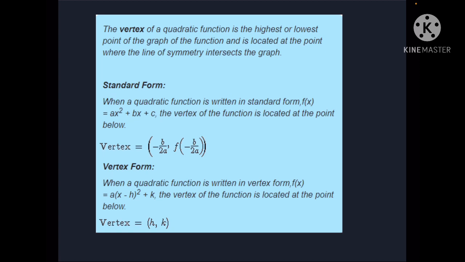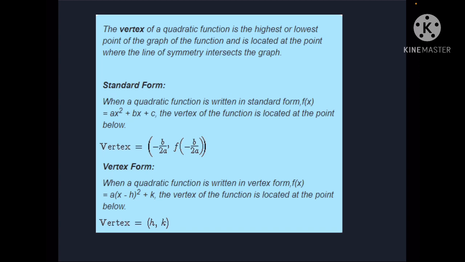In the standard form equation, which is ax to the power 2 plus bx plus c, some people may ask me, how do I find the vertex? We will find the vertex by using the following rule: negative b over 2a.